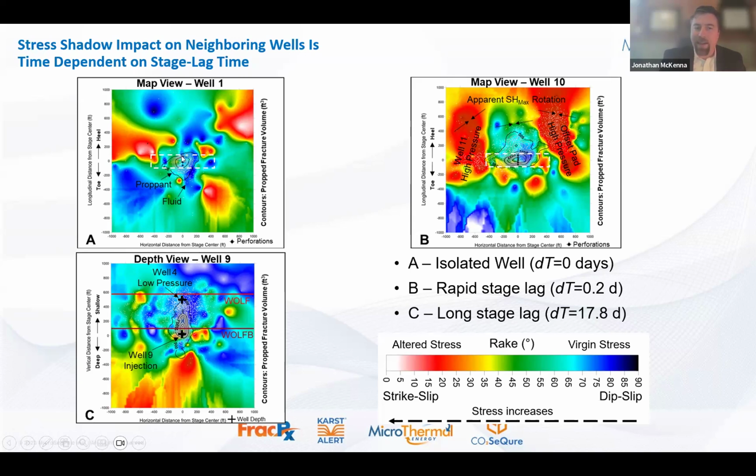So what we see is that if you treat a well in isolation, so no other well treated in this area, most of the fluid, in this case, the fluid is going to be represented by these virgin reservoir stress state events, or the dip slip mechanisms. So these cool colors, that's how your fluid would be kind of represented or moving.